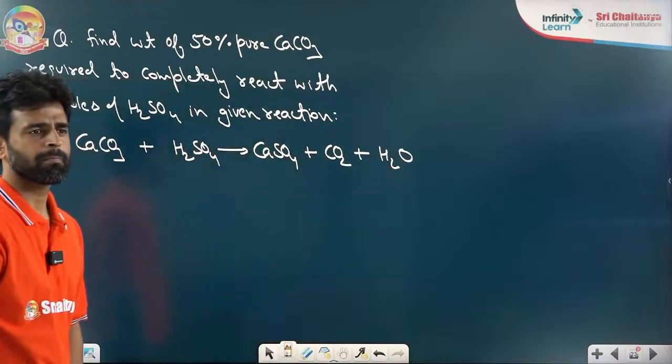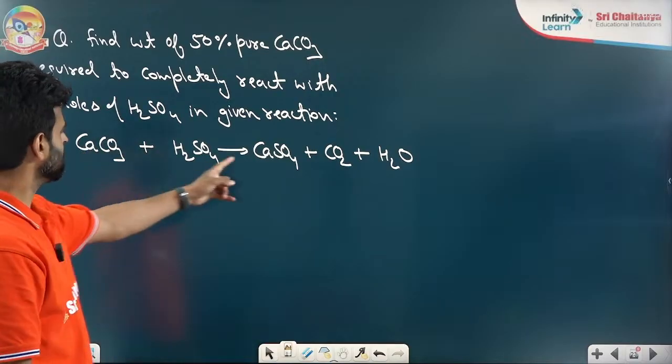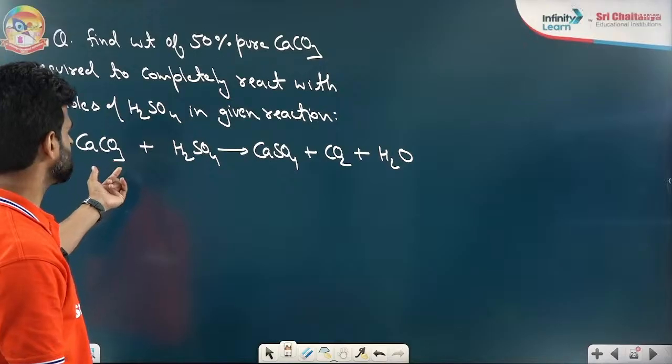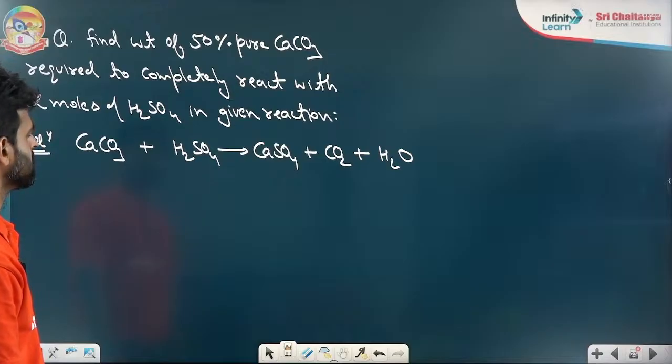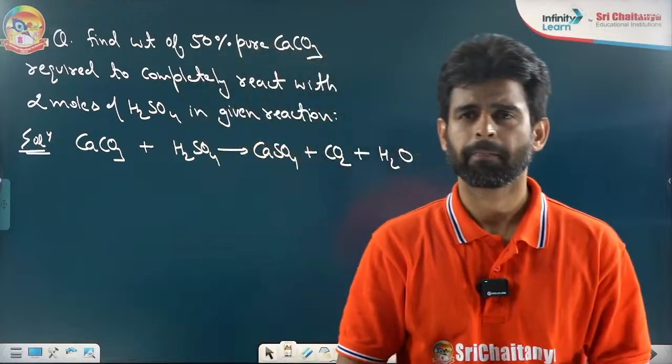This is the question. Is it balanced? Beta, it is balanced. Ca here, sulfate is here. Is it balanced already? This is balanced. Fine.